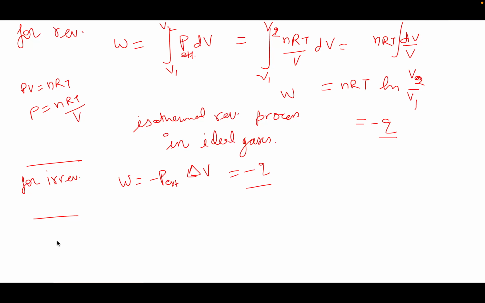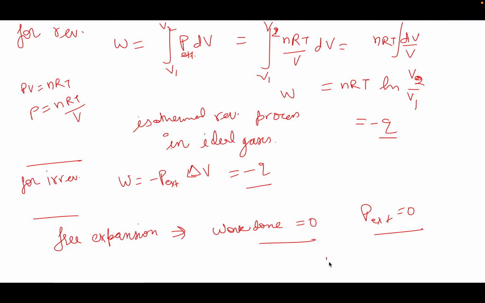And if free expansion is given, for free expansion work done is 0, because for free expansion P external is 0, that means work done is equal to 0. This is true for both reversible and irreversible.